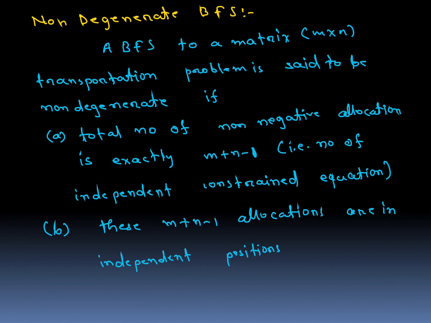For example, these m plus n minus 1 allocations should be in independent positions. They should not be in the same cell. They should be in separate cells, the allocations. And all non-negative allocations should be exactly m plus n minus 1 for a non-degenerate basic feasible solution.